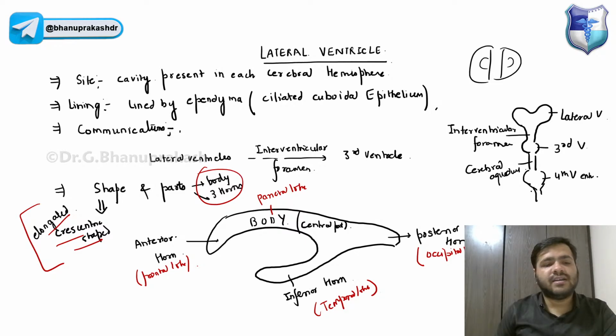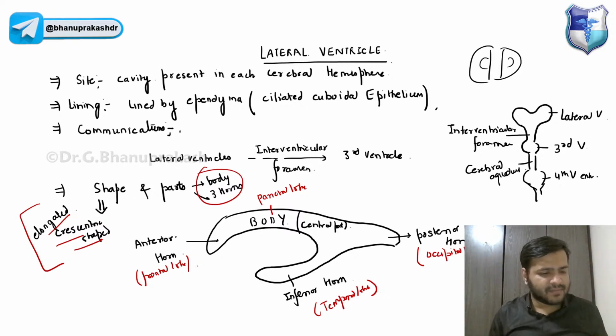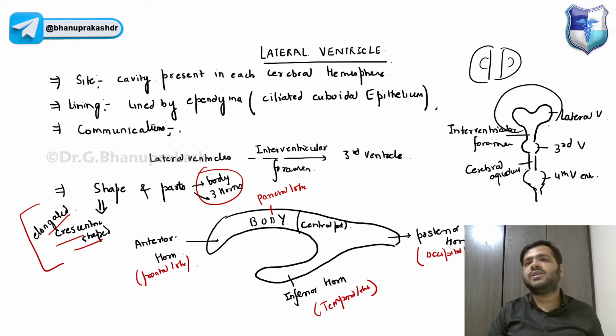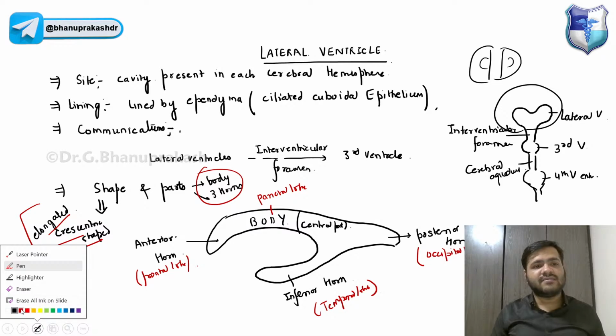And the fourth ventricle is mainly located behind the pons and the cerebellum, that you already know. Over here, guys, the lateral ventricle, you already know it is a cavity. It is located in the cerebrum. ये जो हमारी cerebral hemispheres होते हैं, this is basically located in the cerebrum. So remember, guys, it is the cavity of the diencephalon, right?